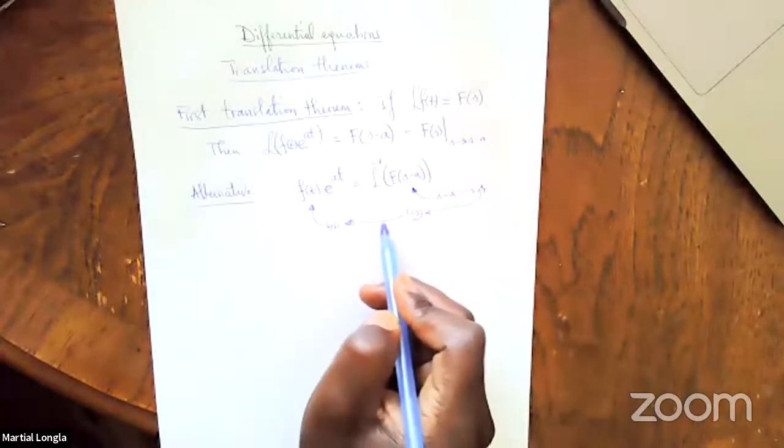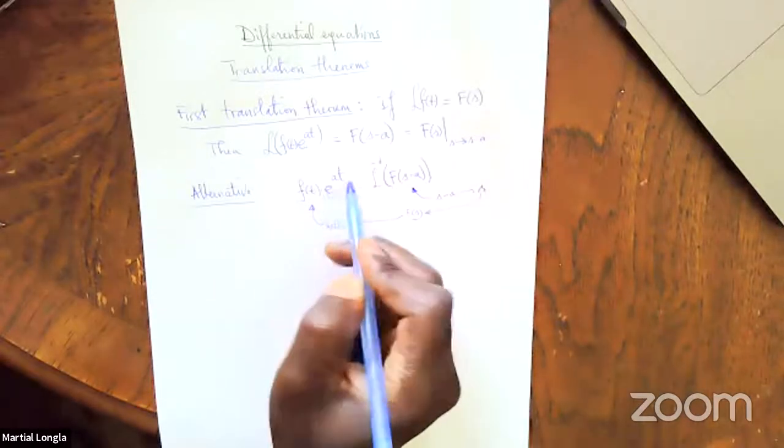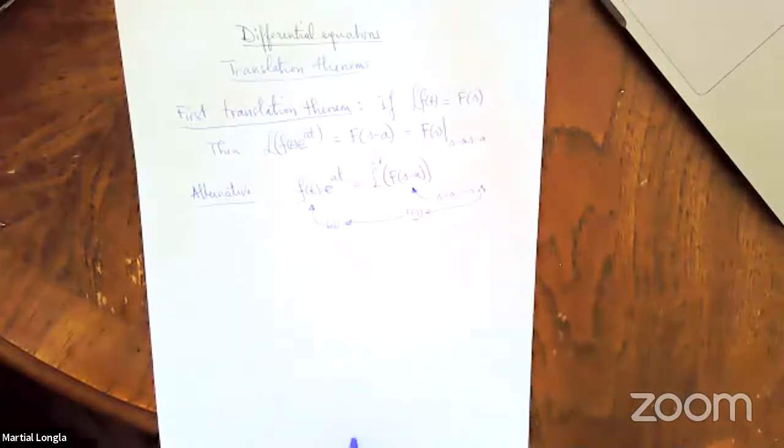Then we find the inverse Laplace transform of F of s, and then we multiply by e to the at, the a being the one we got here, to get our answer. Am I making sense with this? So this applies in two different problems, forward and backwards.